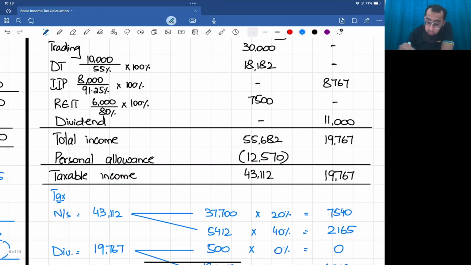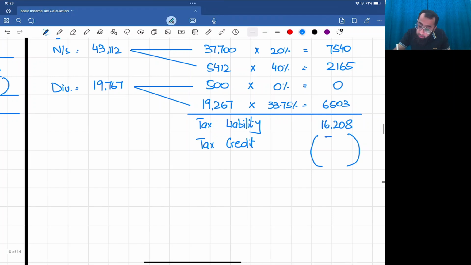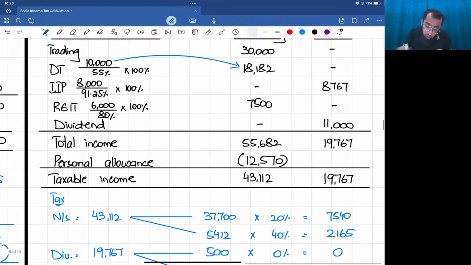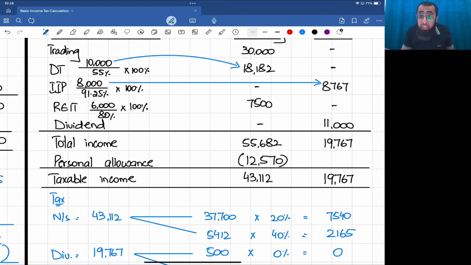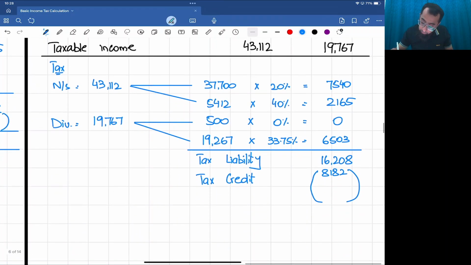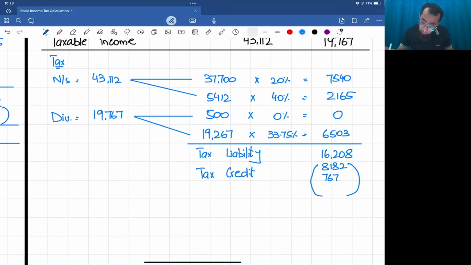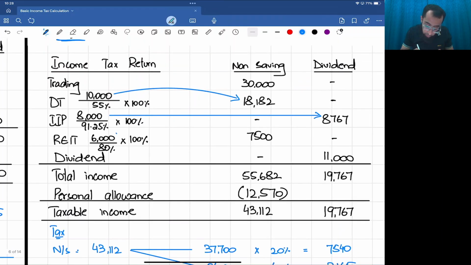So there were three tax credits here. You grossed up 10,000 to 18,182. So that tax credit is 8,182. In the interest in possession trust, you converted 8,000 to 8,767. So that was 767. And in the real estate investment trust, you converted 6,000 to 7,500.